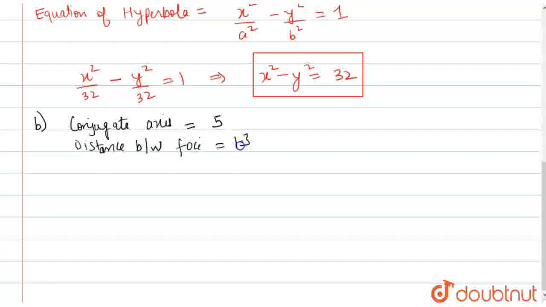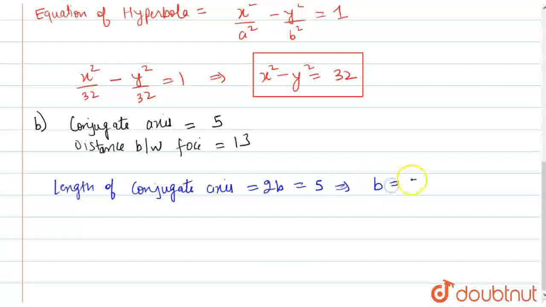So we know that the length of conjugate axis is 2b. Length of conjugate axis is equal to 2b is equal to 5. So b is equal to 5 divided by 2.